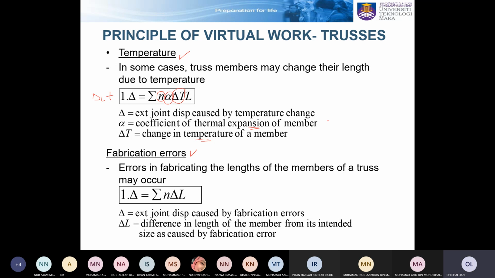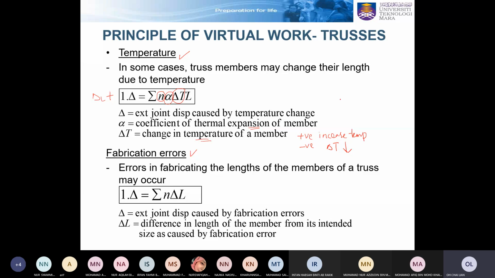If it is an increased temperature, we have a positive value. If you have a decreased temperature, you get a negative. What is this positive and negative about?